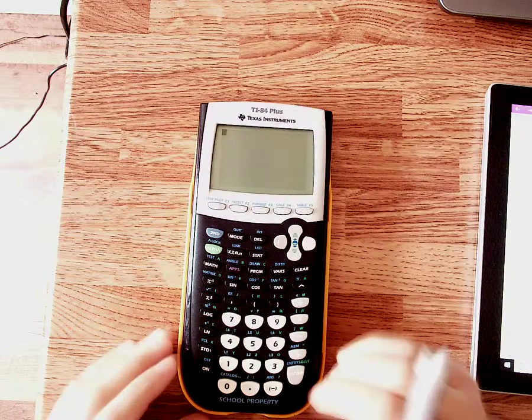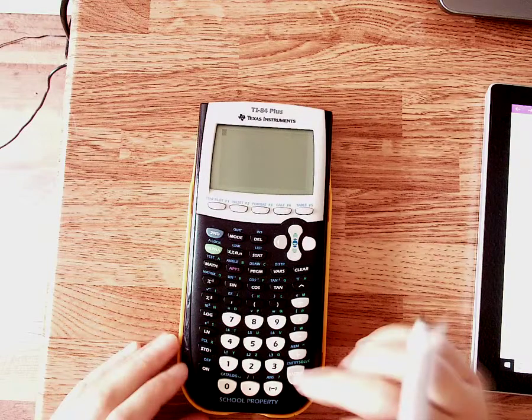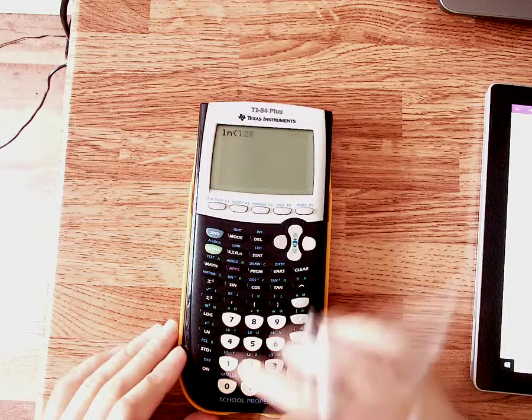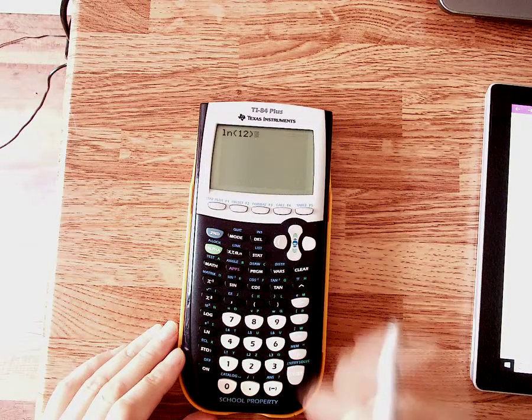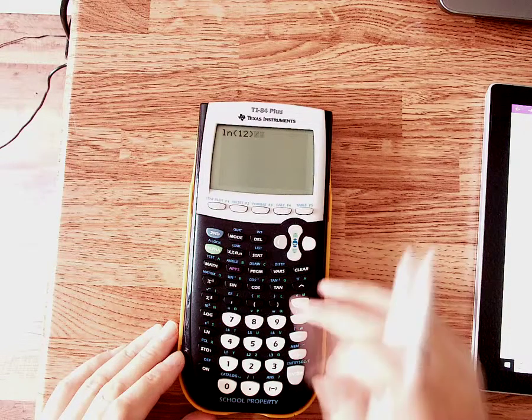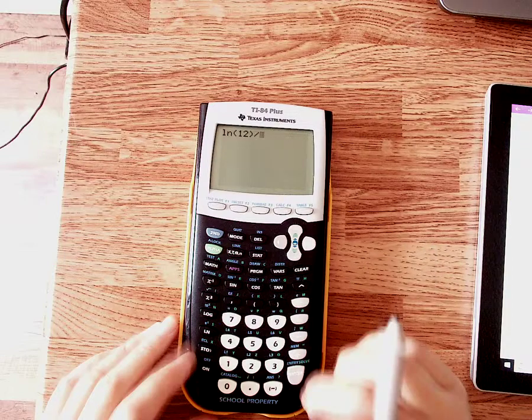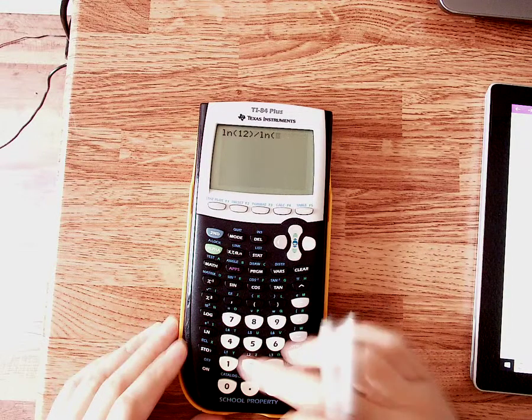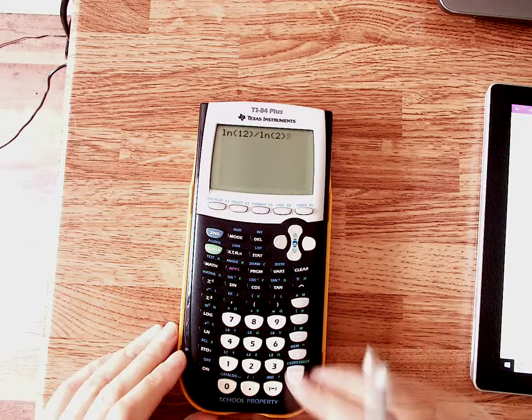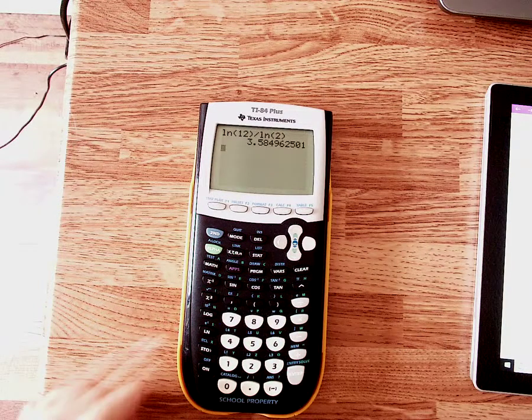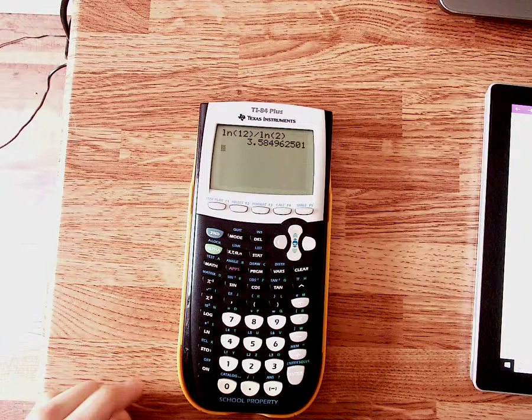Numerator is ln 12, right? ln 12, close the parentheses, and divided by ln 2, close the parentheses. What do you have? You have 3.58.